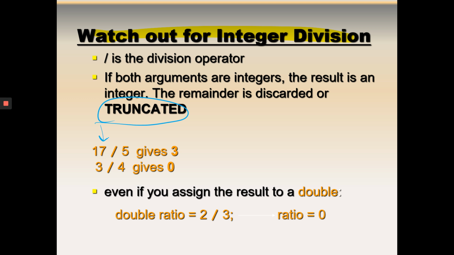If you have an integer on both sides of the division symbol, it will divide and discard the decimal portion of it. Okay, so 2 divided by 3, even though we all know it's 0.666666666. So yes, it is getting put into a double, but it doesn't get put into a double until it truncates the two integer divisions. So this actually gives you an answer of 0.